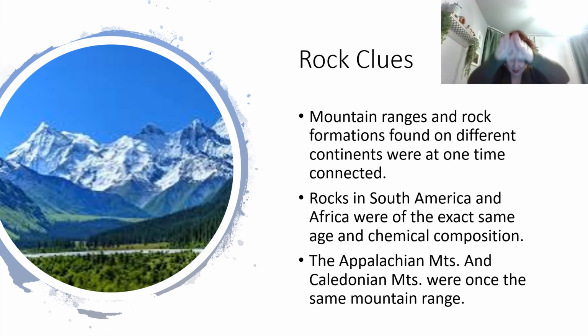At one time they collided to form this mountain range, but then were basically ripped from one another, and that's why they have these weird faces on them. And by faces, I mean flat surfaces that seem to line up. Again, different weathering patterns make it a little more challenging, but very, very similar. So those are the kinds of rock clues that geologists have been using to identify how the Earth may have looked hundreds of millions of years ago.